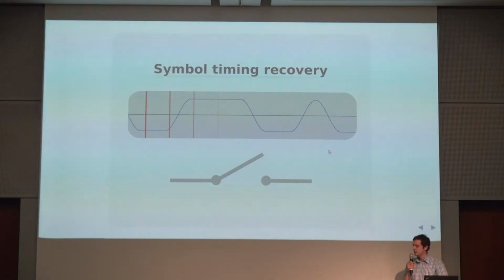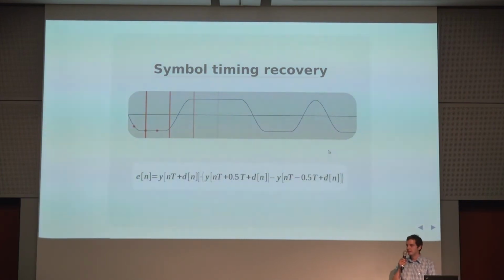And then we move to the next bit in each iteration. We know how many samples should be one bit, so we know how much we should move on. And then in each iteration, we calculate an error based on our environment.